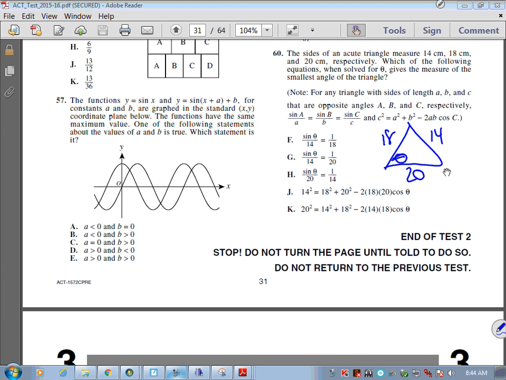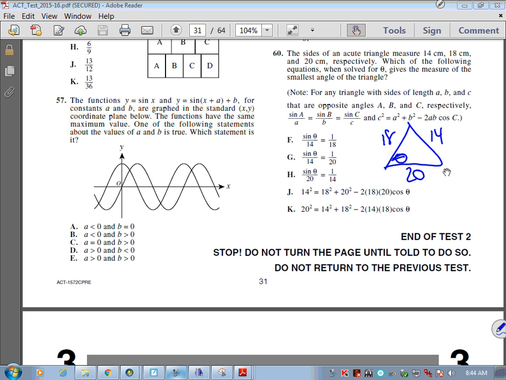And they do give me law of cosines. Then all I have to do is plug things back in. In this case, you only have 2 options because law of sines is solving for area. We don't need area. We need to be able to find a missing angle.